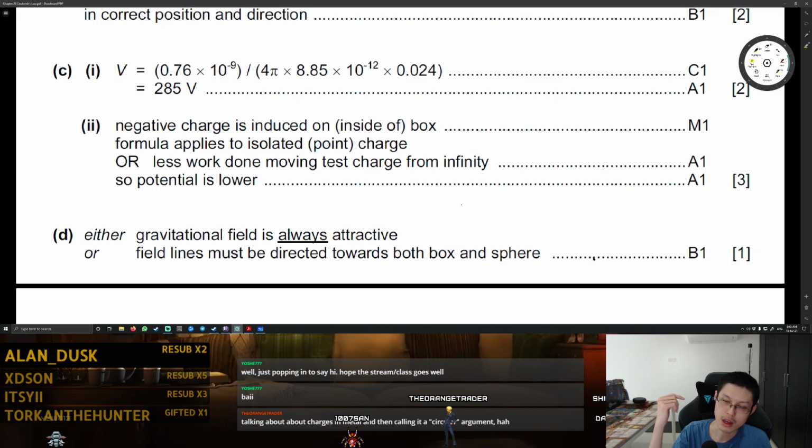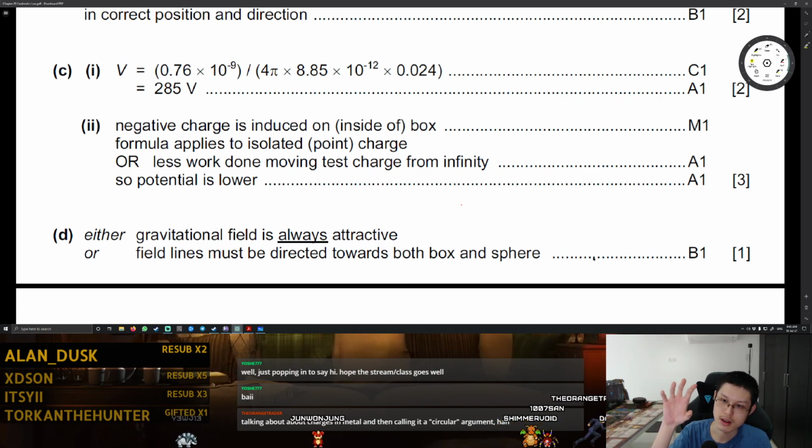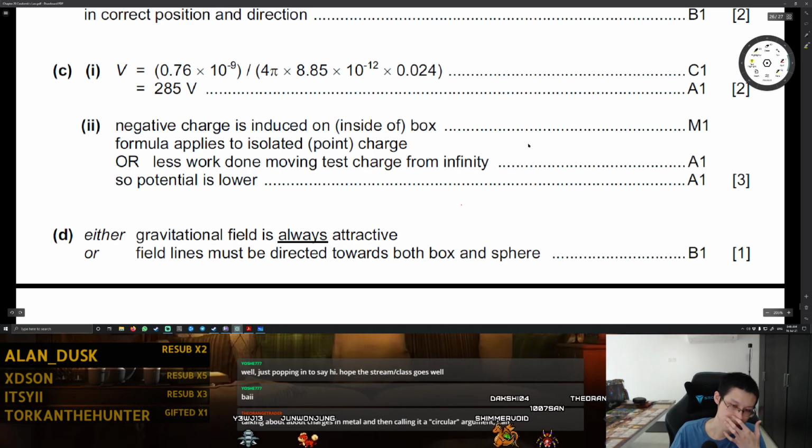But for a gravitational field, both the lead sphere and the lead box have masses, which means they are attractive. So the field lines should be going to the box and the sphere. Okay.